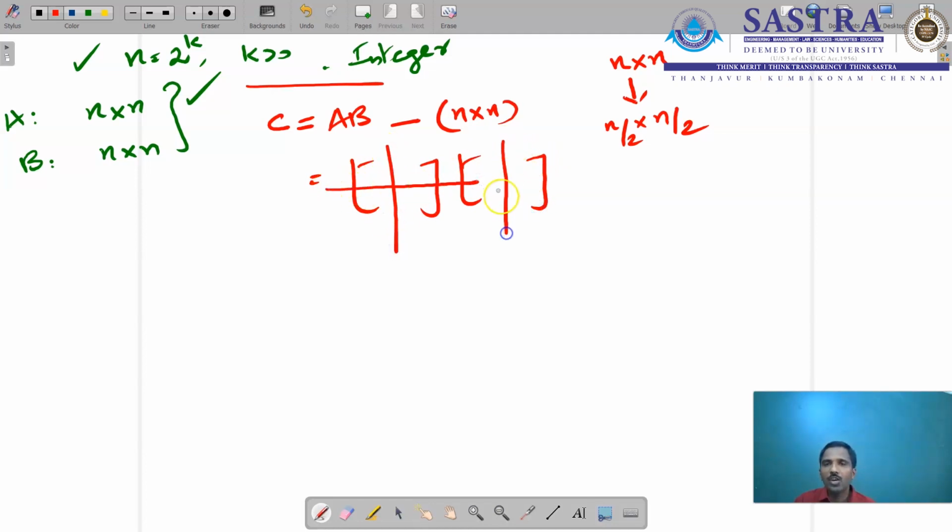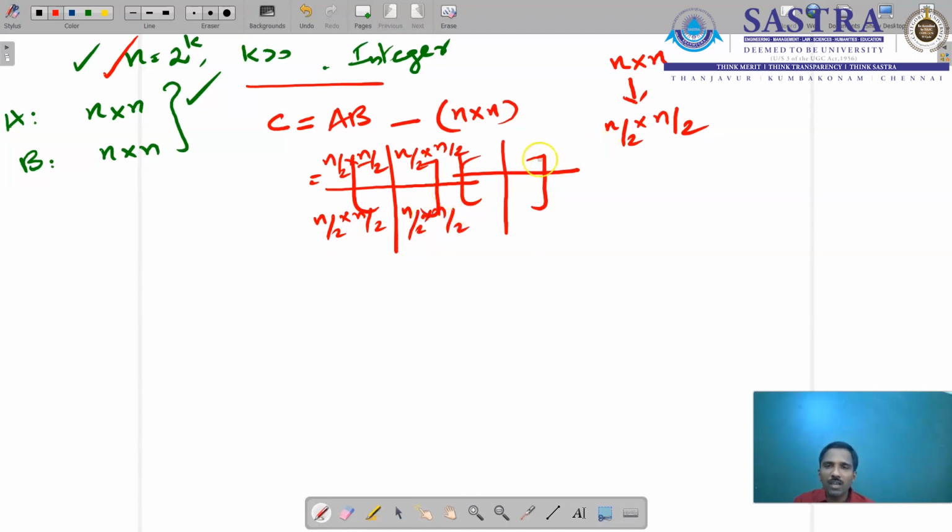Since C is equal to A into B, applying the divide and conquer logic, since n is equal to 2 power k, we are subdividing the matrices A and B in such a way that the initial size n by n is reduced to n by 2 by n by 2. Each submatrix of A is of order n by 2 by n by 2.